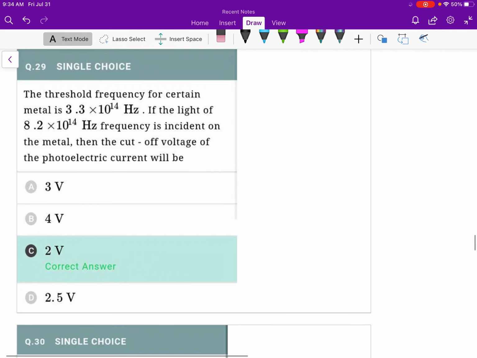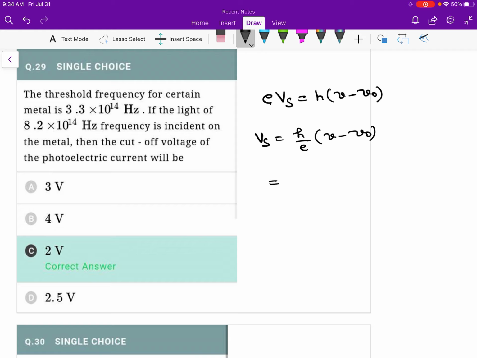Threshold frequency is given, light is incident, then the cutoff voltage. So eV s is h nu minus nu naught. So stopping voltage is h by e times nu minus nu naught. So that is 6.6 into 10 to the power minus 34, nu minus nu naught, that is 12.12 minus 3, 4.9 into 10 to the power 14, upon 1.6 into 10 to the power minus 19.